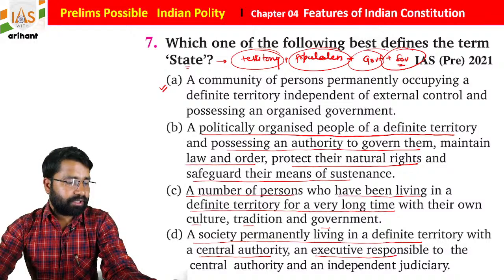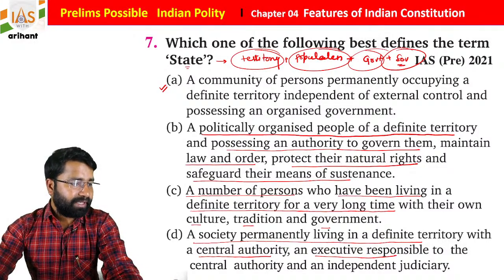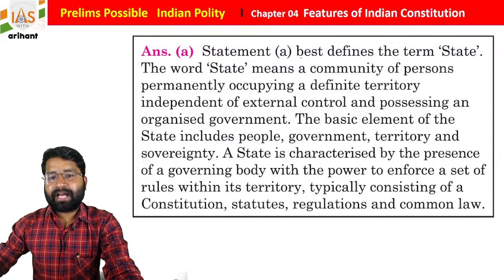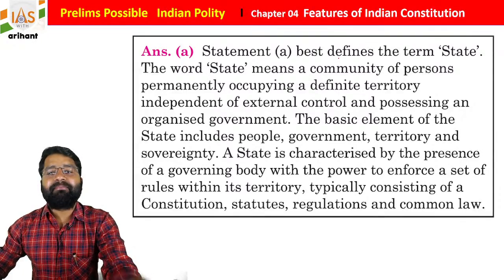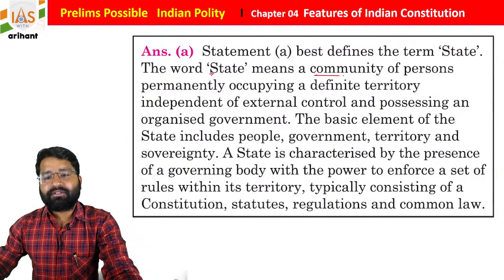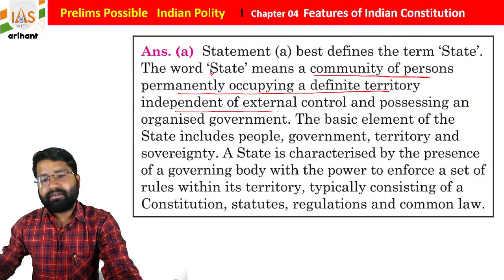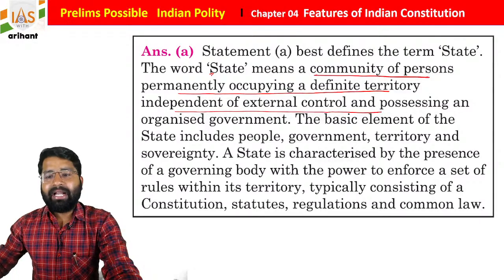Now we are just going to see the explanation: statement A best defines the word state. State means the community of persons permanently occupying a definite territory, independent of external control and possessing an organized government.